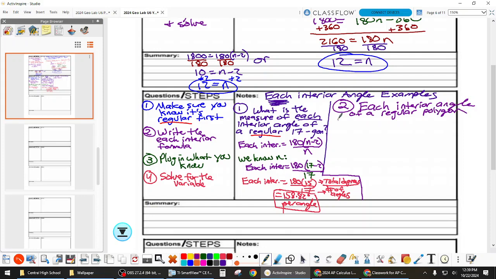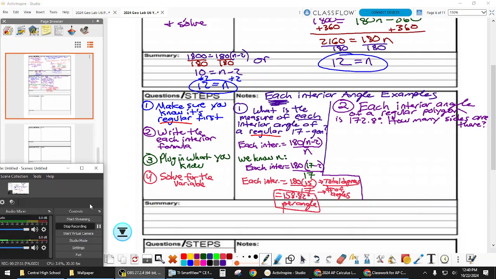Regular polygon is 172.8 degrees. How many sides are there? Really, we're asking how many angles there are, but that's an okay way to say it. Take a second to write that down.